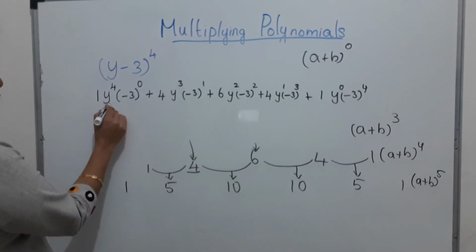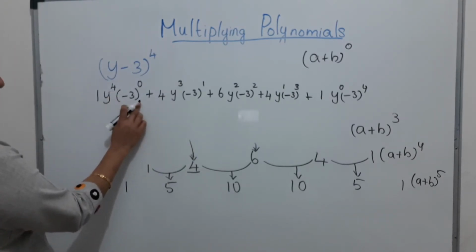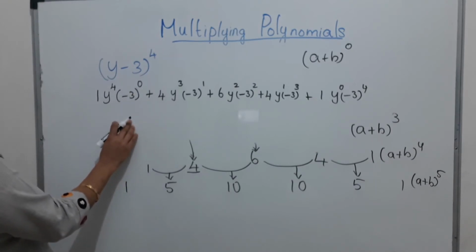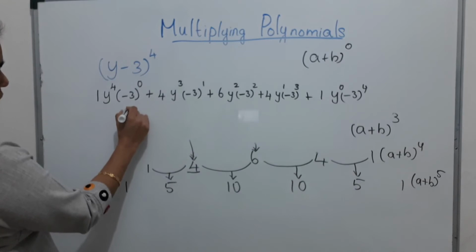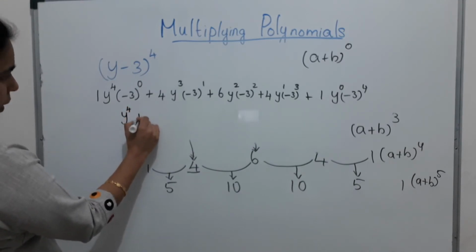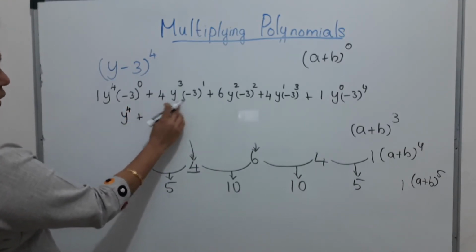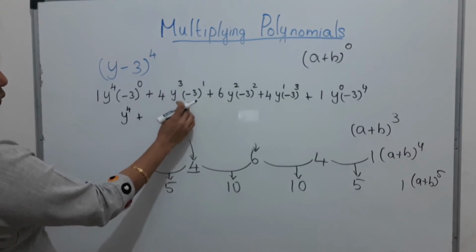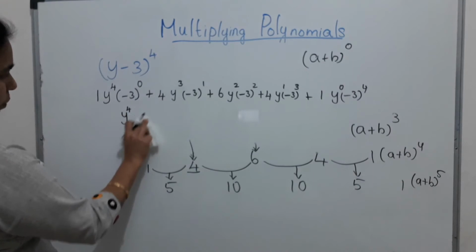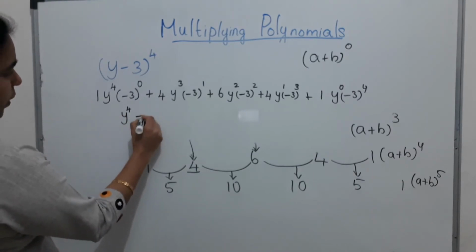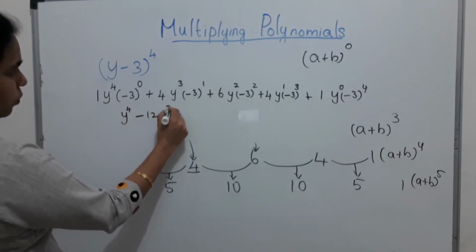So 1 times y to the power 4 and minus 3 to the power 0. Anything to the power 0 is actually 1. So only y to the power 4 is actually left in here. Plus here 4 times minus 3 will be minus 12. So you have to put minus in here. So minus 12y cube.